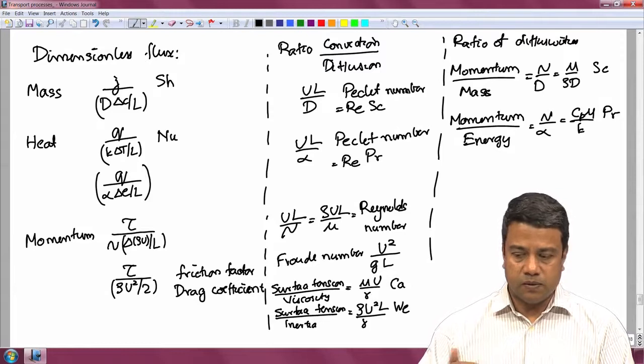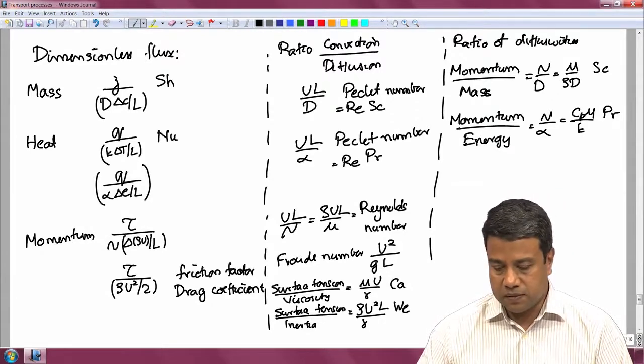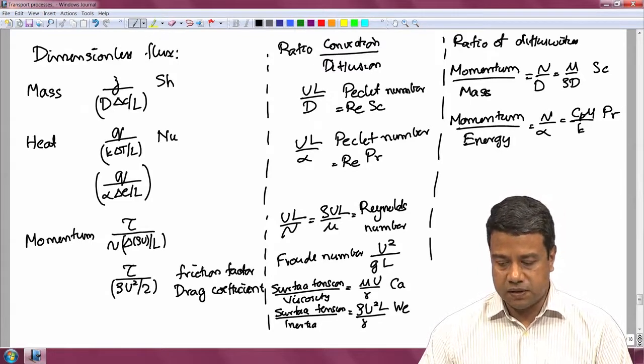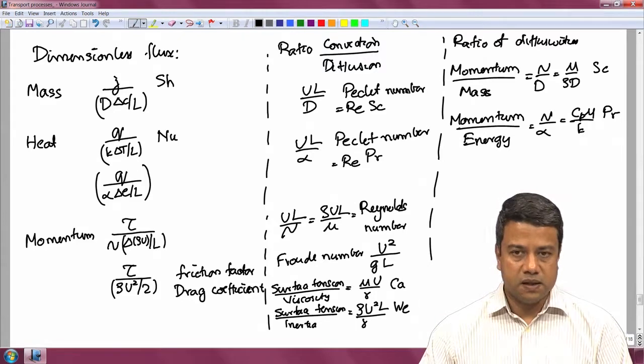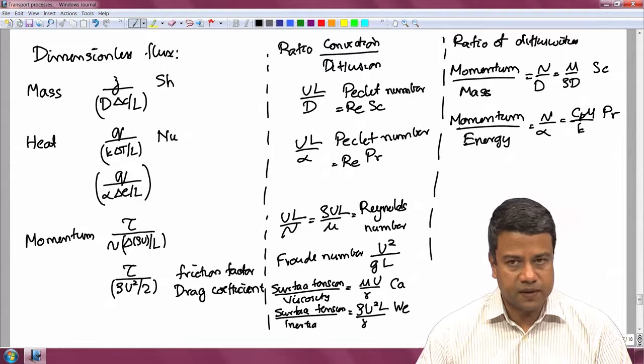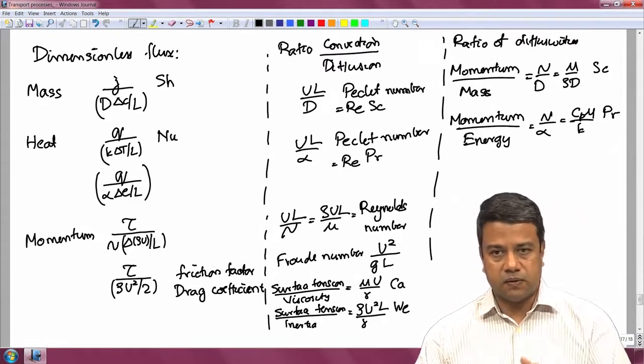Momentum to mass is what is called the Schmidt number, momentum to energy is what is called the Prandtl number. And the Peclet numbers can be expressed as the Reynolds number times the Schmidt number or the Reynolds number times the Prandtl number. These encompass all of the correlations that I had got for you earlier.